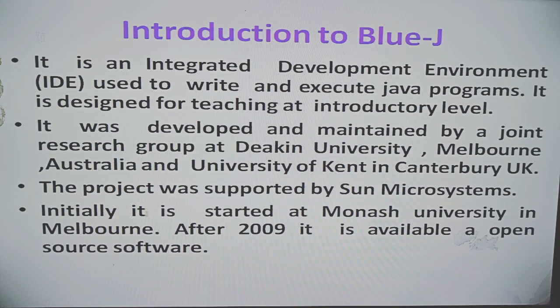Open source software means free of cost; no need to pay any money for using that software. BlueJ is also open source software. You can download it directly from the website and use it. It is not paid software. So this is all about BlueJ.